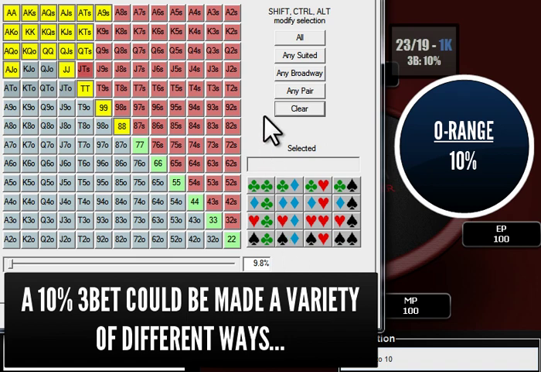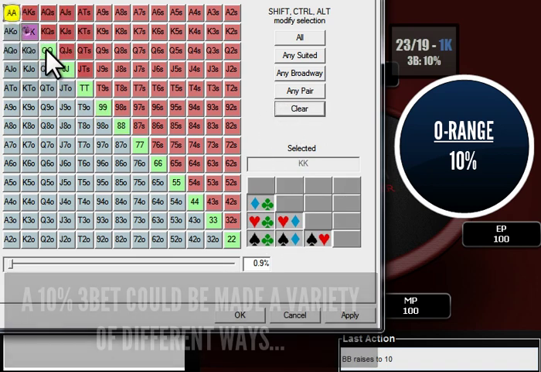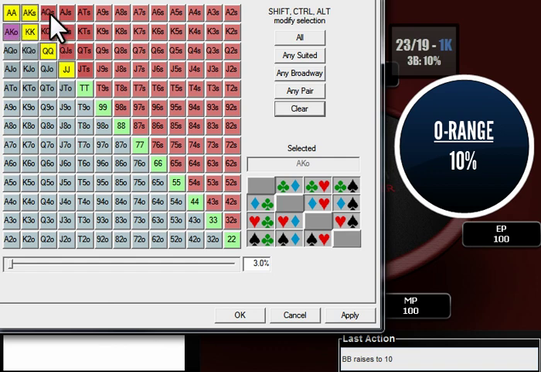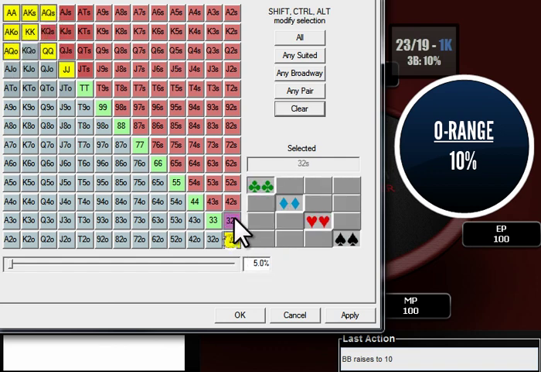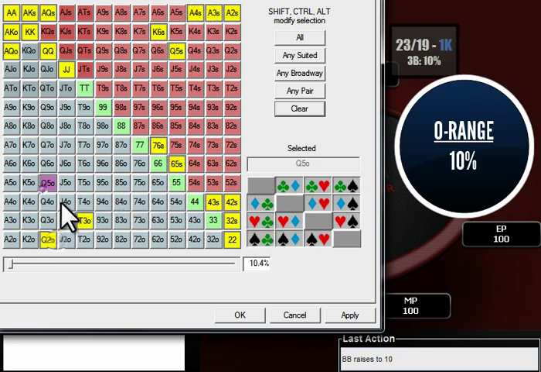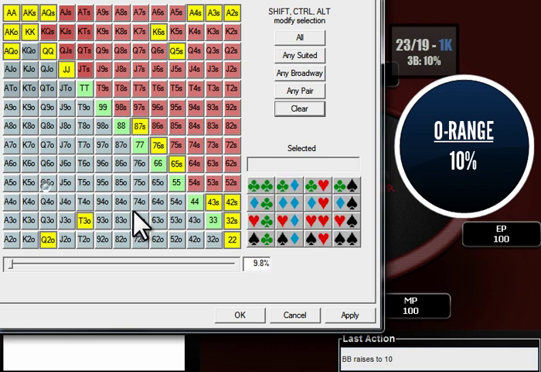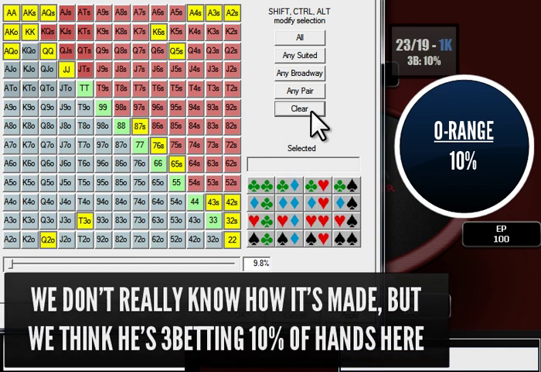Just most likely isn't. So maybe you think that his 3-bet range looks something closer to this, and maybe he throws in some bluffs and some suited ace-x, and maybe some suited connectors, and eventually this gets pretty close to 10%. So we don't know exactly how it's made up. All we know is that it's made up of 10%.